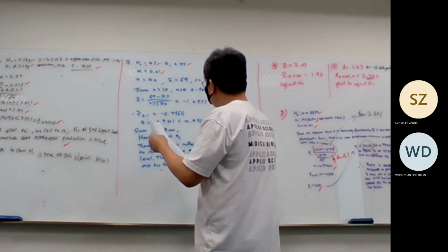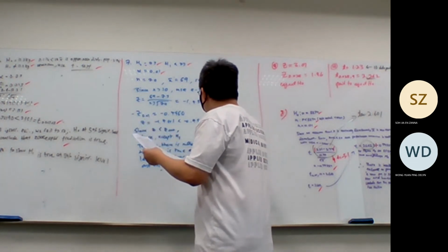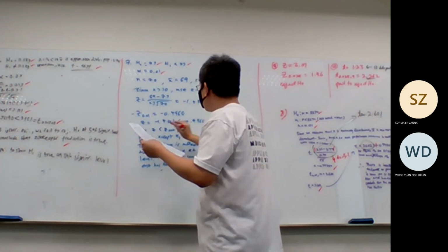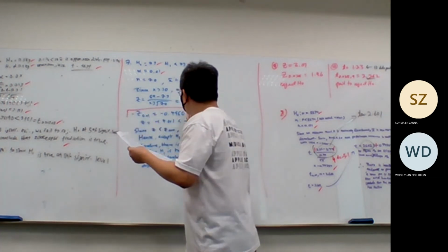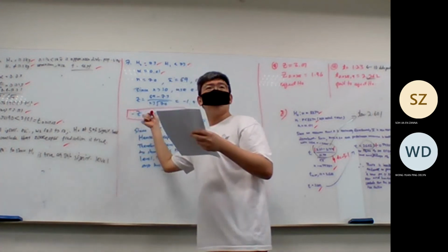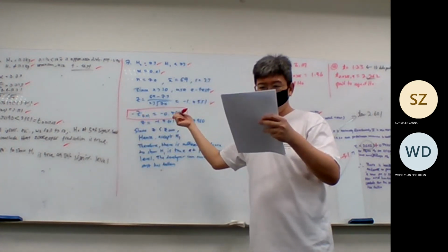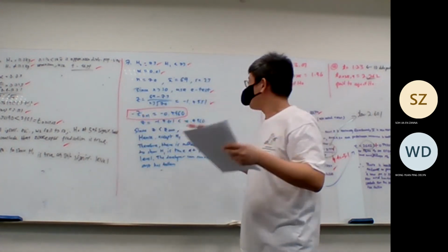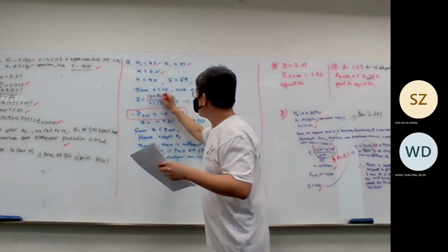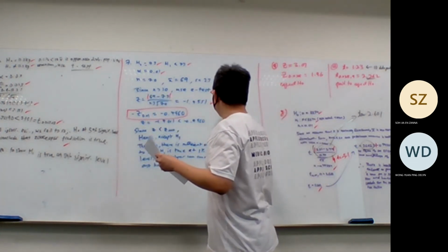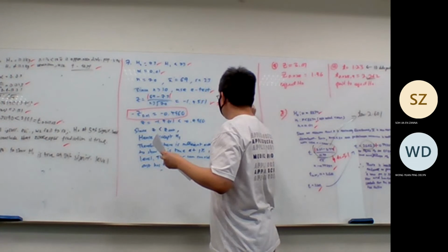0.01. How do you get this part? Okay, this part here. To do absolute, this will be equal to 1.4551.